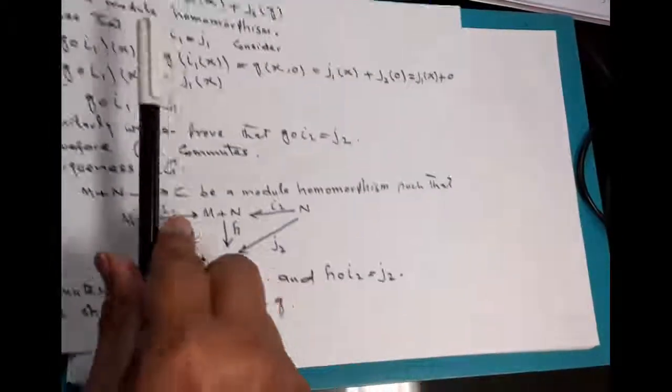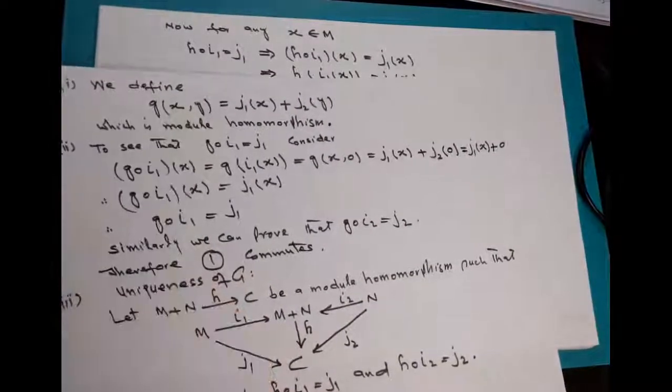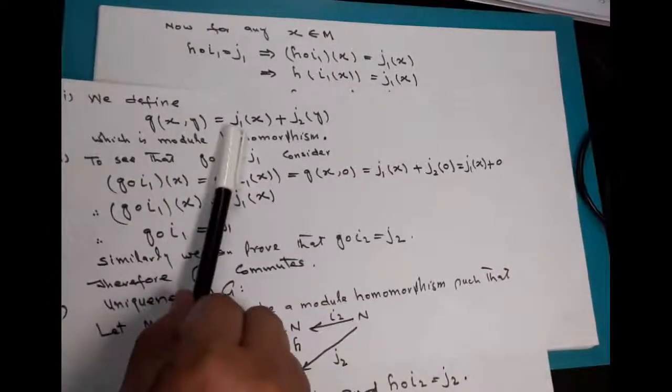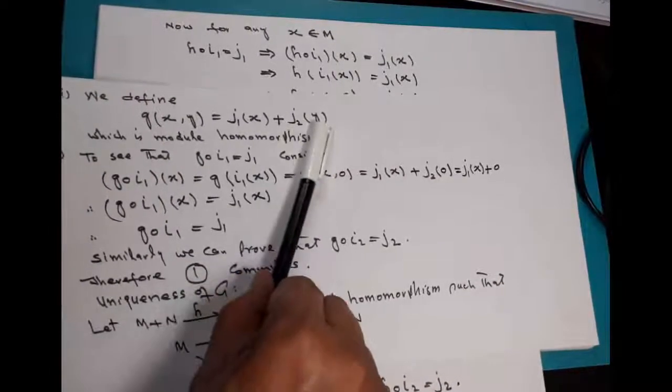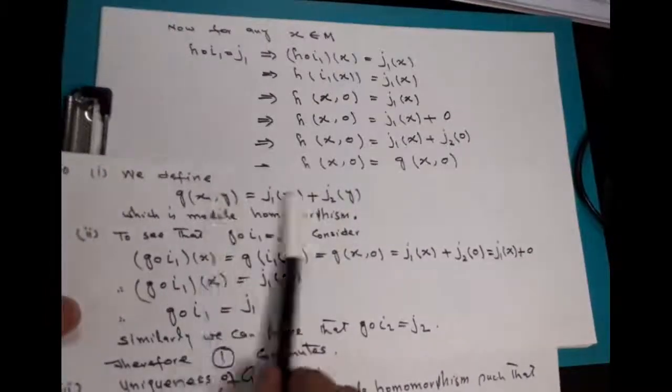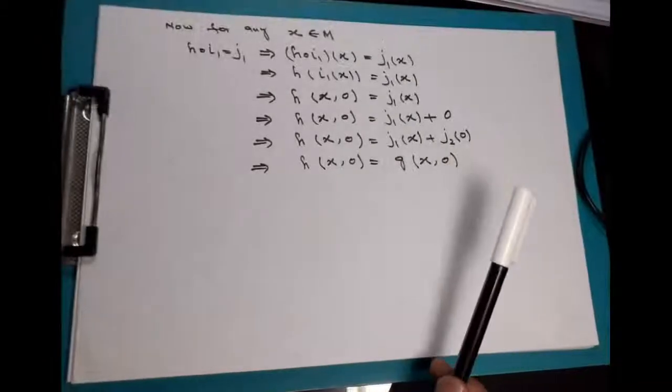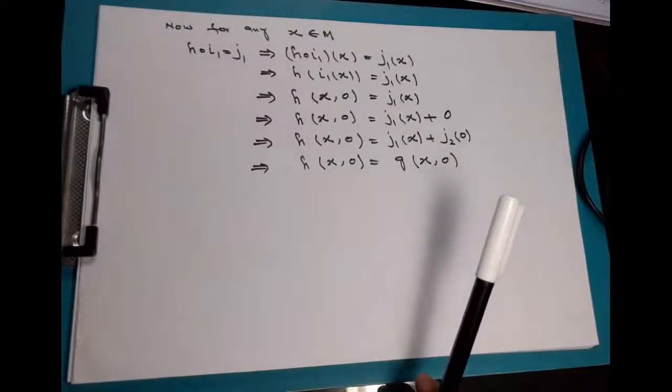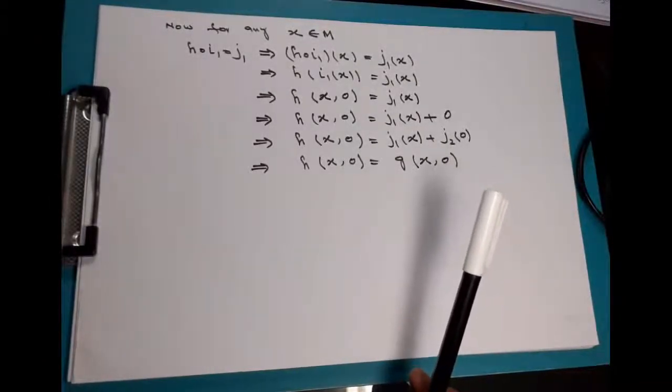Remember that this is the way we have defined G(x, y) equal to J1(x) plus J2(y). So J1(x) plus J2(0) is equal to G(x, 0) because of this particular definition. So H(x, 0) is equal to G(x, 0).